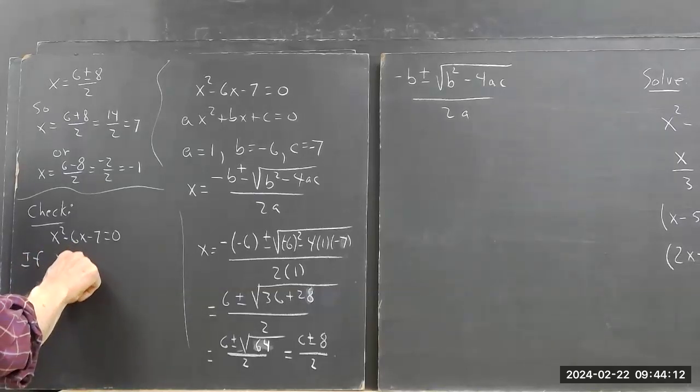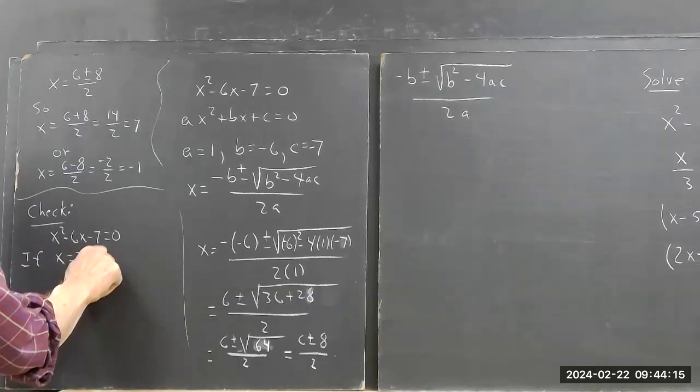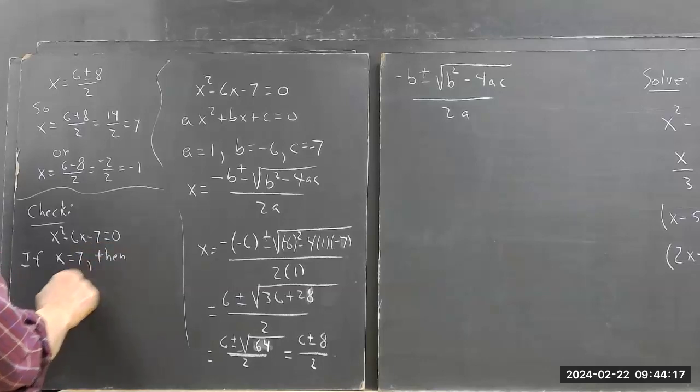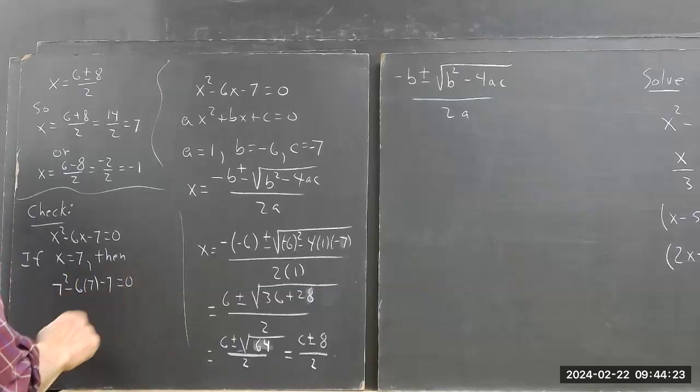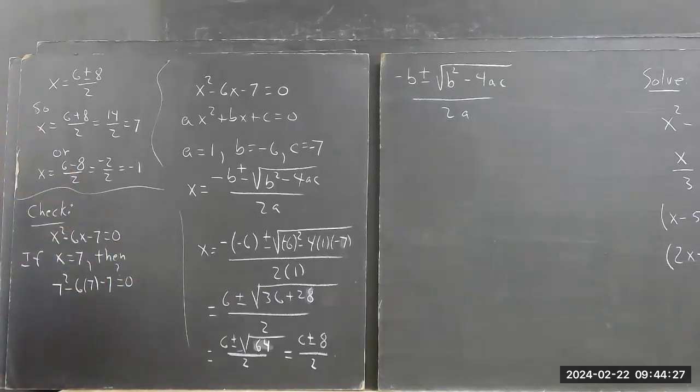If x equals 7, then we get 7 squared minus 6 times 7 minus 7 equals 0. Put a little question mark on that because we're testing. Is this equal to 0? If we don't get 0, that means our solution's wrong.